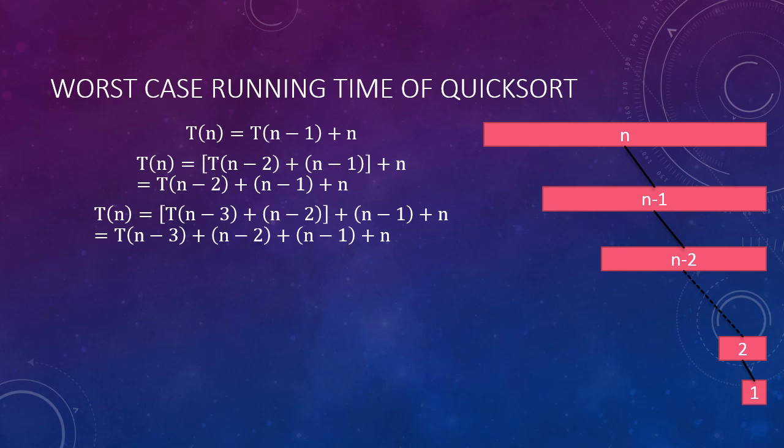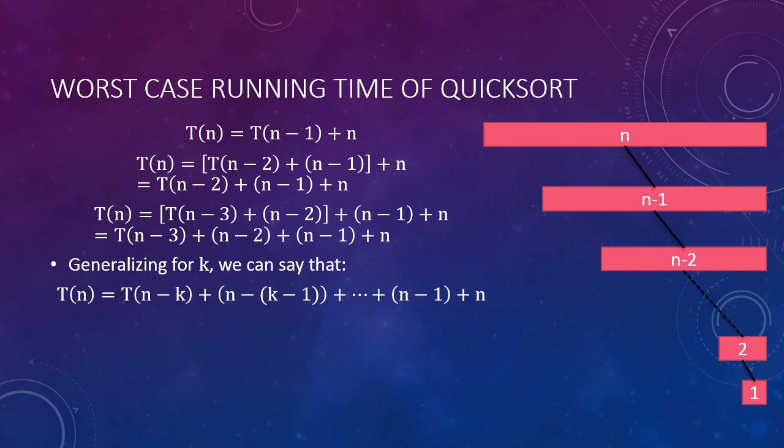Then I have T(n) equals T(n minus 2) plus n minus 1 plus n. Then I have T(n) equals T(n minus 3) plus n minus 2 plus n minus 1 plus n. Generalizing for k, we can say that T(n) is T(n minus k) plus n minus k minus 1 all the way to n minus 1 plus n.